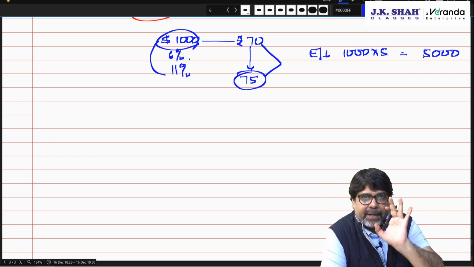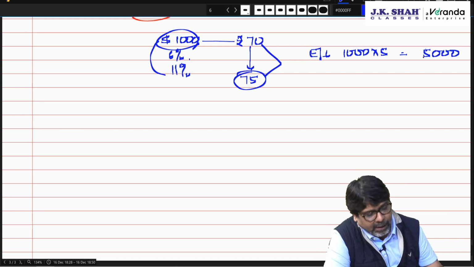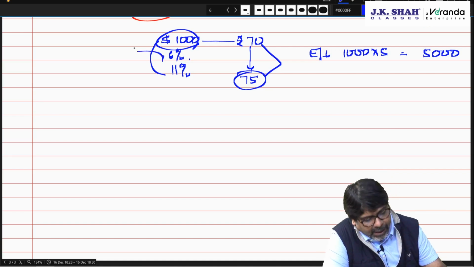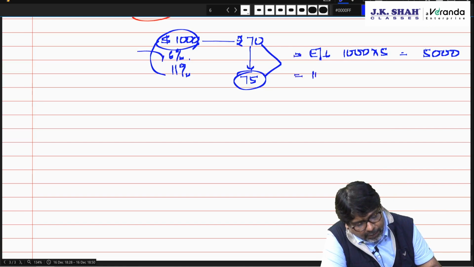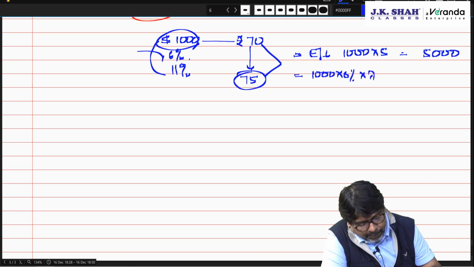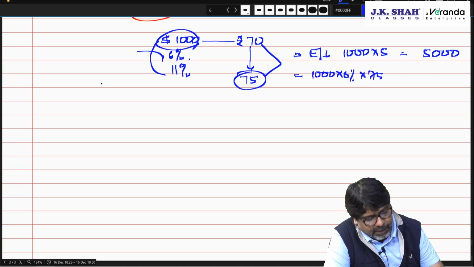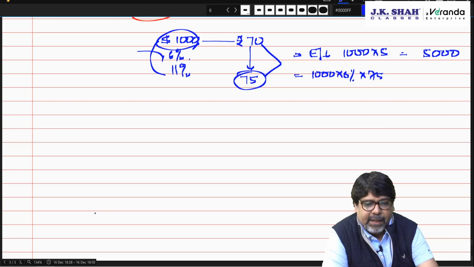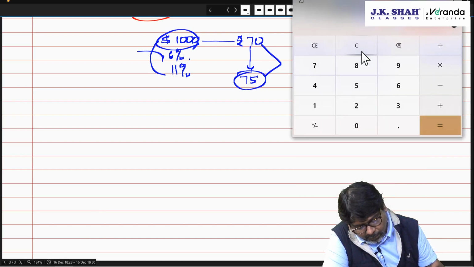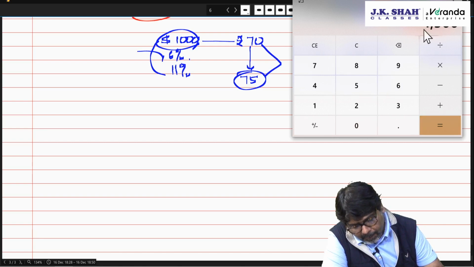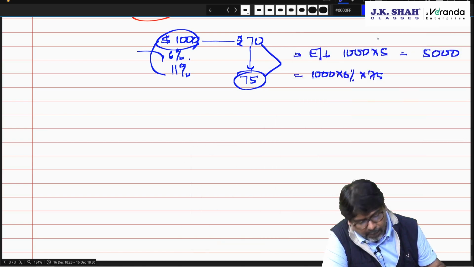I said, wait. Why did you take a loan from abroad? Because abroad the interest is cheaper. How much interest are you paying abroad? Abroad interest is $1,000 into 6%, that is 60. 60 into 75 will come to 4,500.